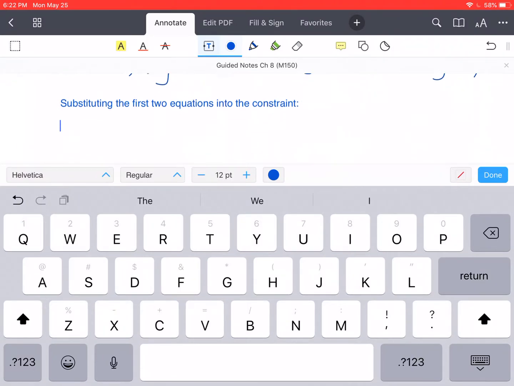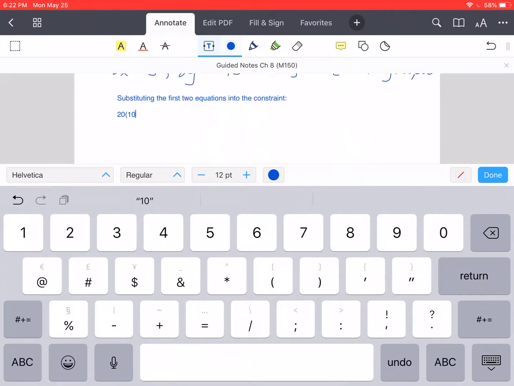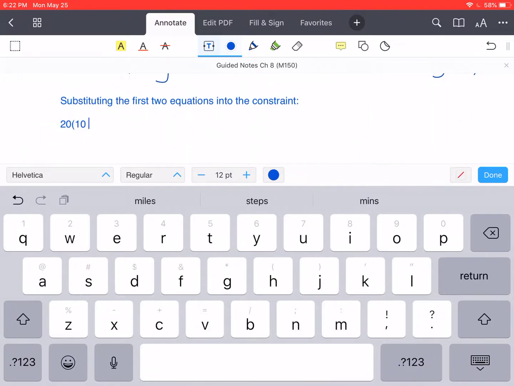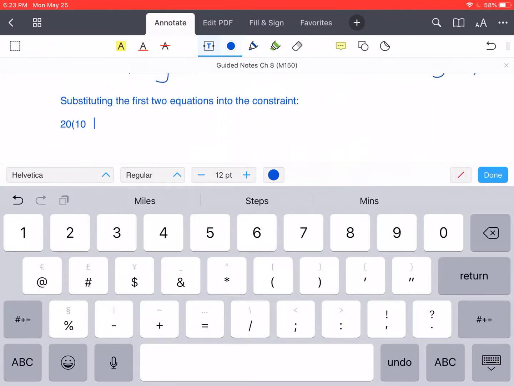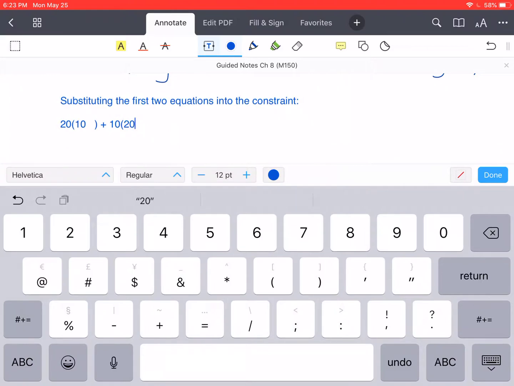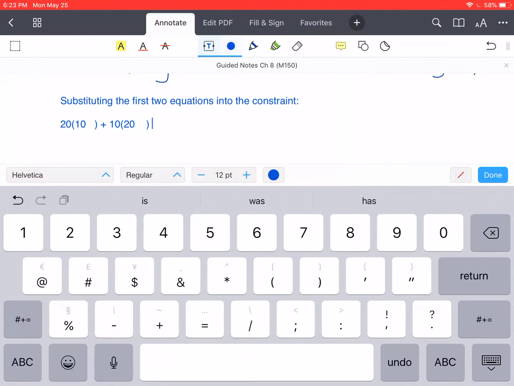This is going to give us 20 times x, which is 10 lambda, plus 10 times y, and y is 20 lambda, equals 10,000.